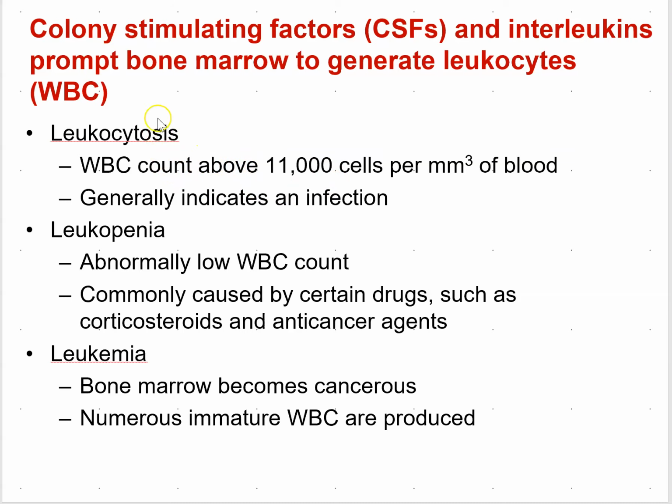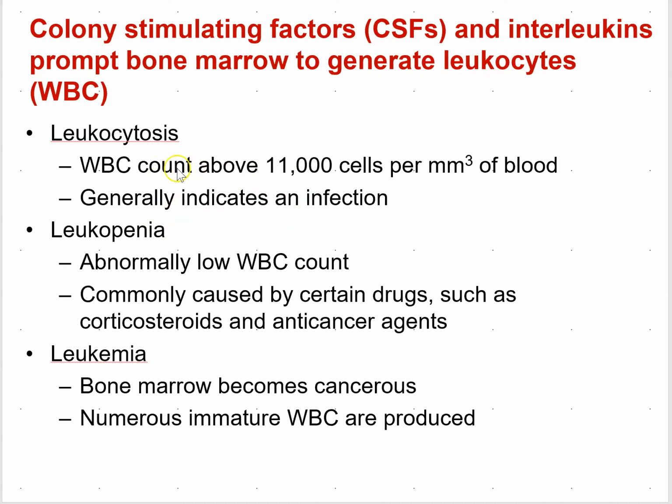For example, say you have the flu or a mononucleosis infection. The white blood cell count shoots beyond 11,000 cells. And when the leukocytes go beyond 11,000, it's a standard indication of an infection. But then they go down once the infection has been controlled.